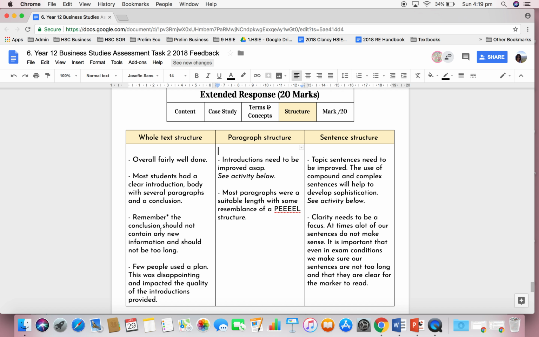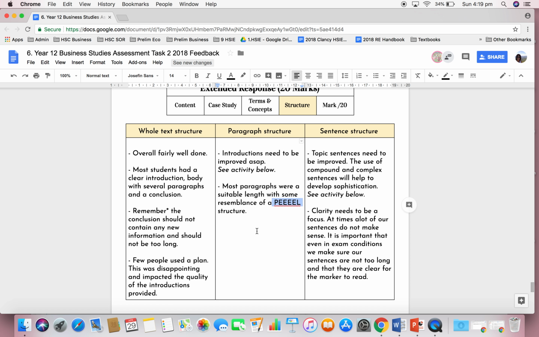It's something that you've been taught for years now, and if anything, if you're sitting at a 16 or a 17, maybe you need to look at the variety of your PEEL structures and think about how you can increase the sophistication and integration of ideas, which may mean breaking free a little bit for those students who are already sitting at that high B or low A level. How to push into that higher A may come through variety and sophistication of your paragraphs. Topic sentences or points, whatever we want to call them. Guys, we've got to work on them.